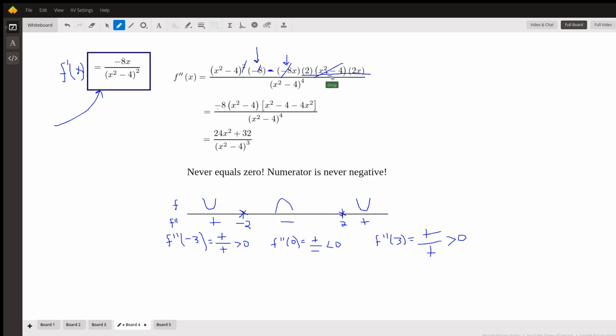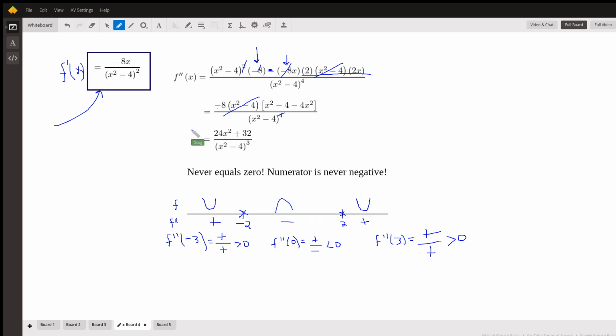What's left? 4x squared. And of course, this minus sign. So that becomes, oh, by the way, now one of these x squared minus 4s cancels out. So I've got -8 times -3x squared minus 4. If I distribute the -8, there's your second derivative.